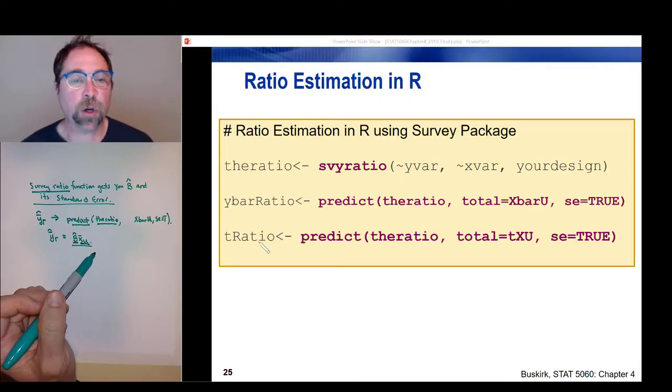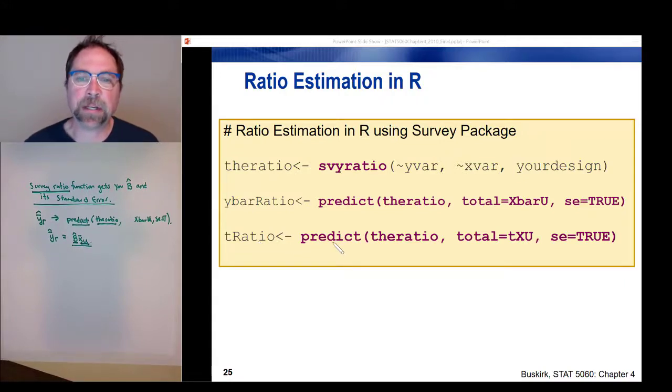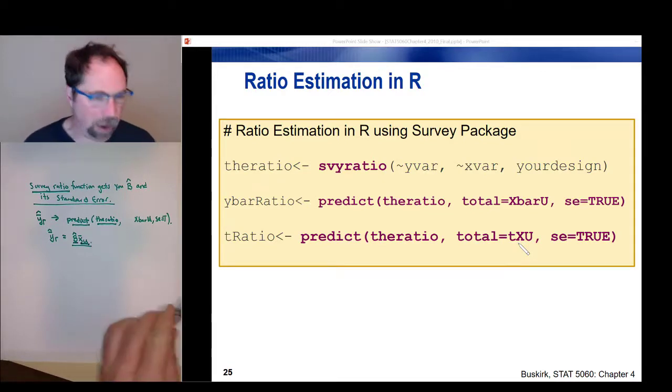If you want an estimate of the total and not the overall average in the population, you're going to use the same predict function. You're going to use the same ratio object, but in this case, you're going to specify the total for the X variable so that you get the projection correct.